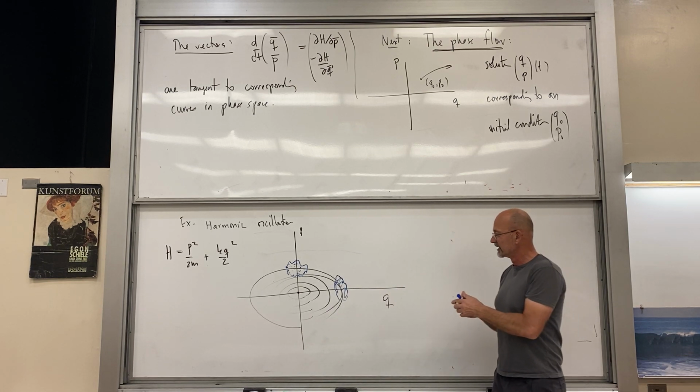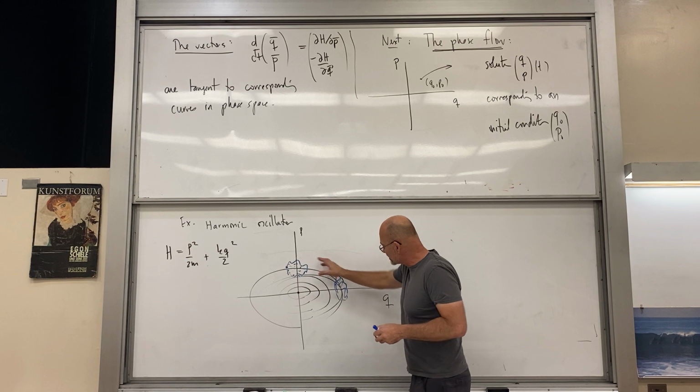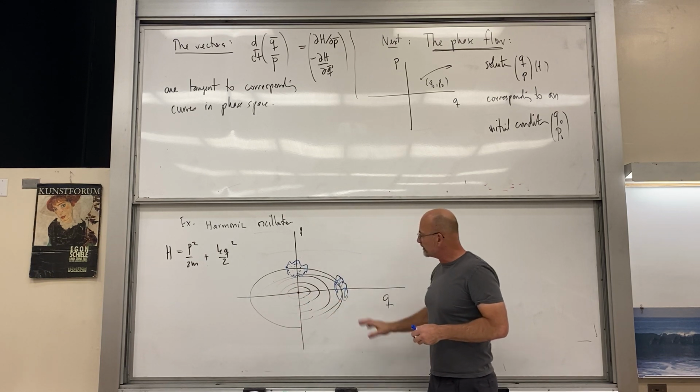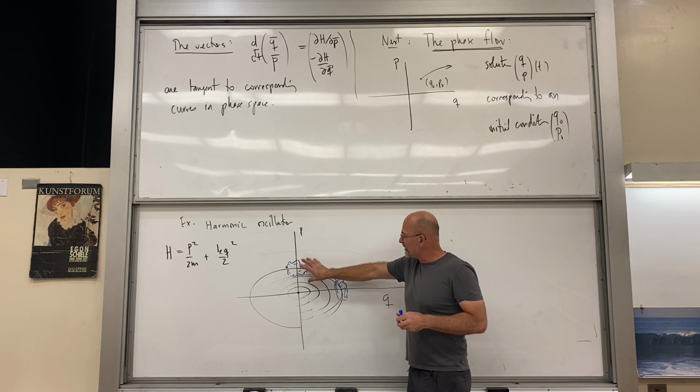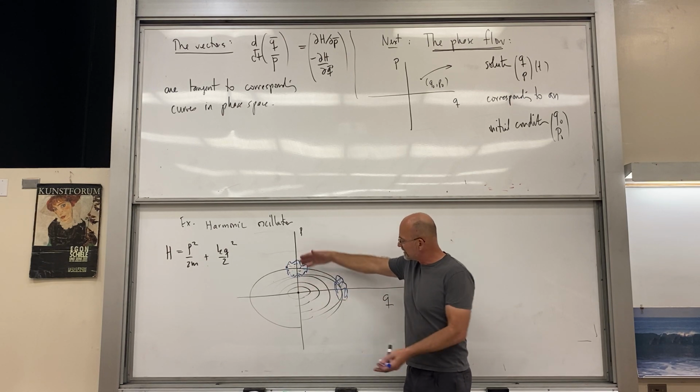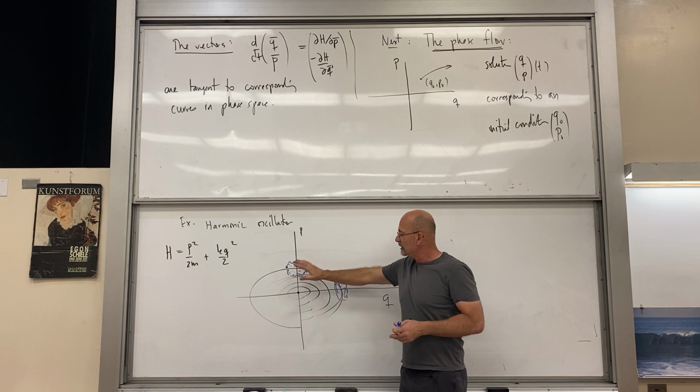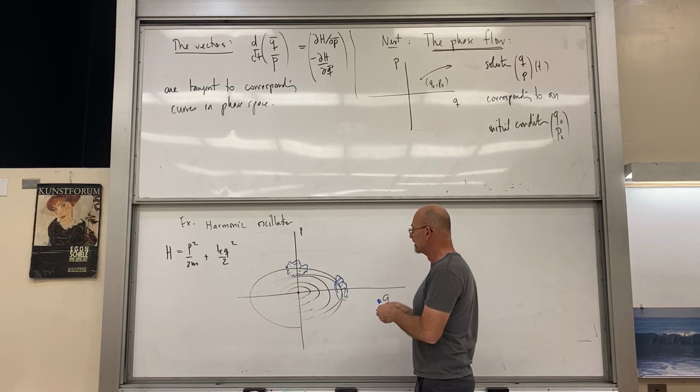So the shape is going to change as it gets carried through phase space, but a theorem that I'm going to demonstrate says that the volume in phase space, in this picture that area, remains constant.